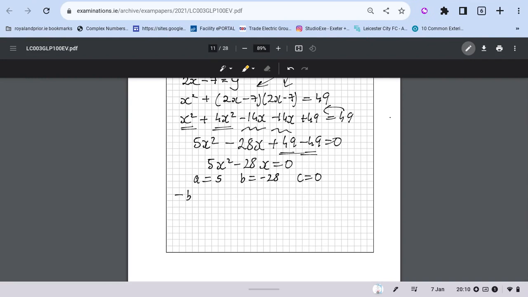And I'm going to throw it into my minus b. So as I say, you could take out your common factor and just type it in, nice and easy.